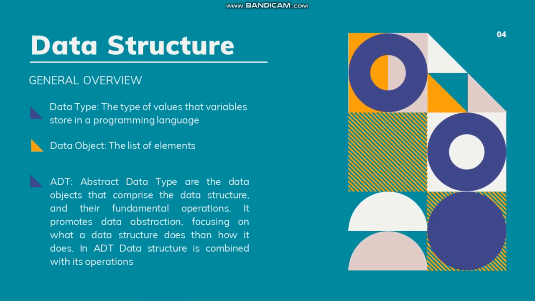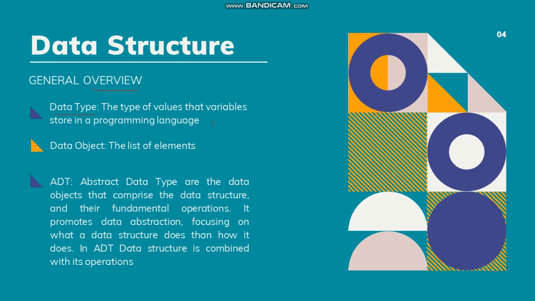Let us now talk about a general overview of the data structure, or some common terms that we use with the data structure. The foremost is the data type. The type of values that variables store in a programming language is known as a data type. In the previous slide, we saw the example of the boxes holding some values.